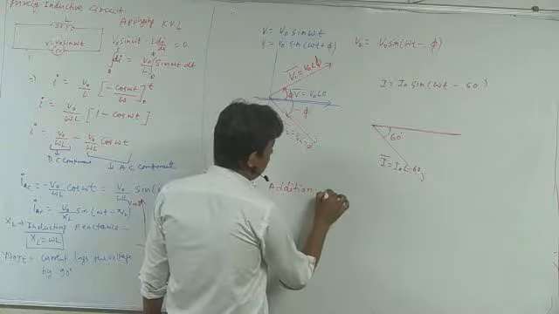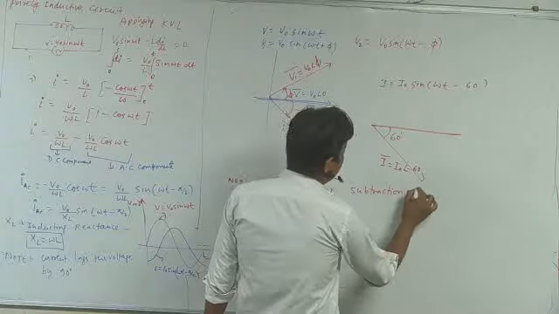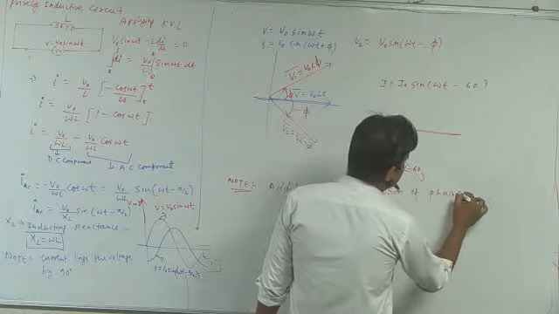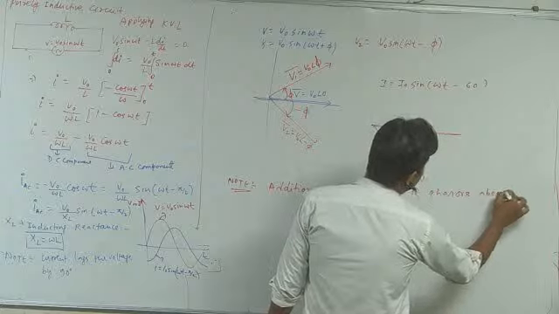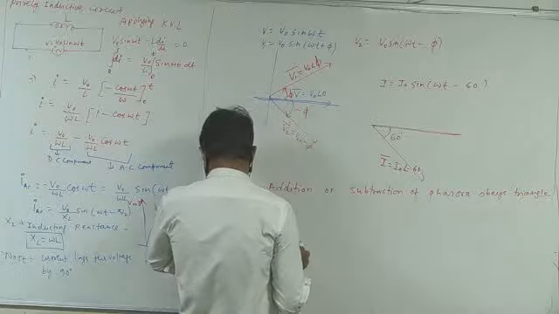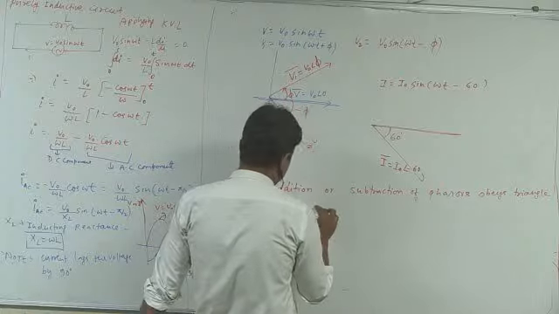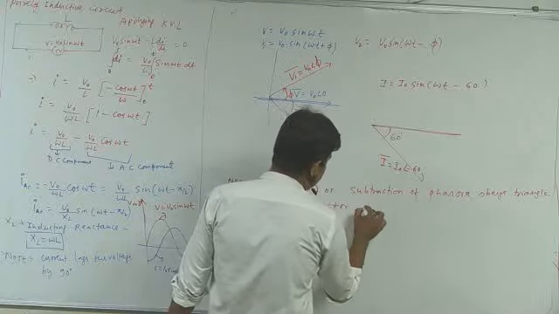Addition or subtraction of phasors obeys the triangle rule. Which rule? Triangle law of vector addition.